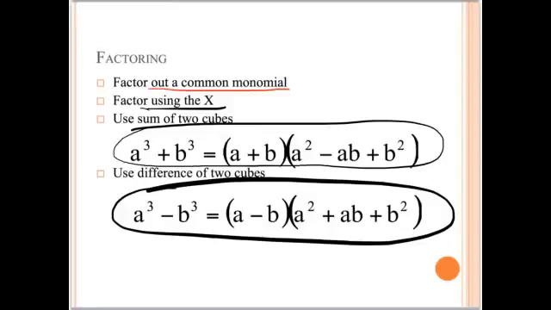The first one is the sum, or the addition, of two cubes. These must be perfect cubes. And then we have the difference of two cubes. Now notice that everything is the same in the factored portion of the difference and the sum of two cubes. The only difference would be the signs in between. This one is plus minus plus.